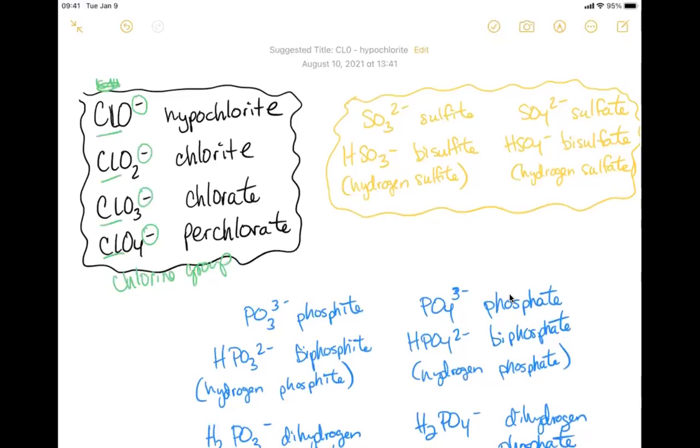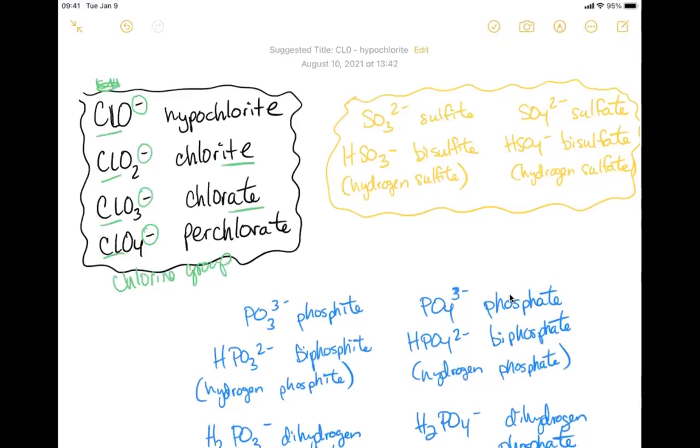So it turns out in Latin, which is what a lot of science vocabulary is based on, when you have the suffix ite or ate, that's an indication of a relative amount of oxygen. So the suffix ite indicates that there's less oxygen than the one that ends with ate.